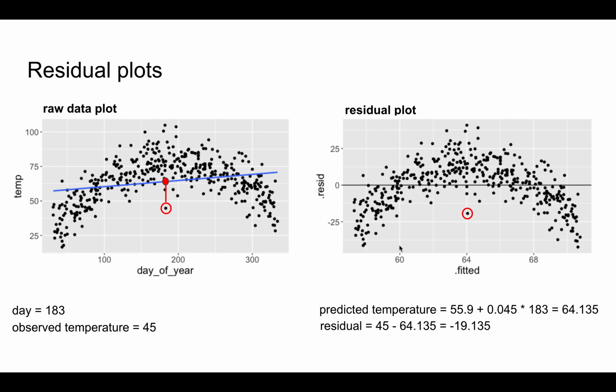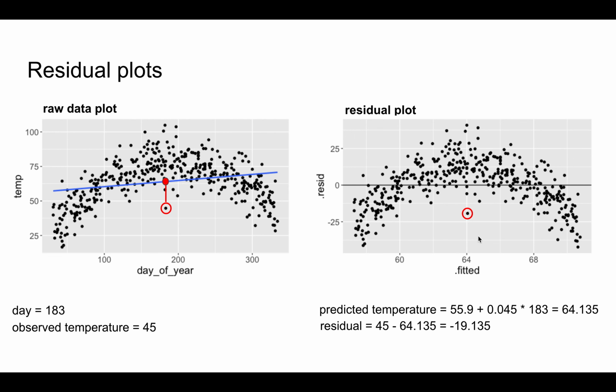Interpreting this plot requires more art than science, or simply a lot of experience. We'll get this experience throughout the semester. For now, let's just break down the residual plot here for our temperature model. First, notice that each dot in the residual plot corresponds to one of the raw data points.